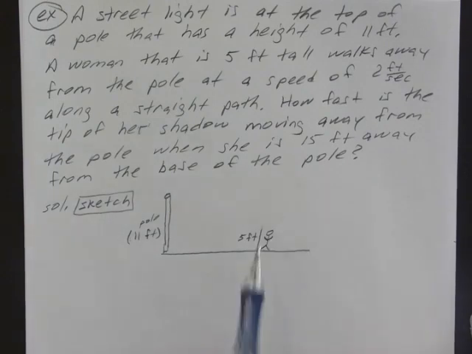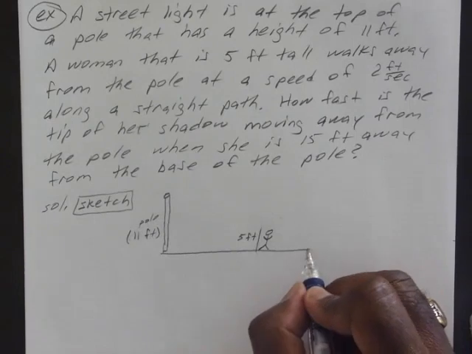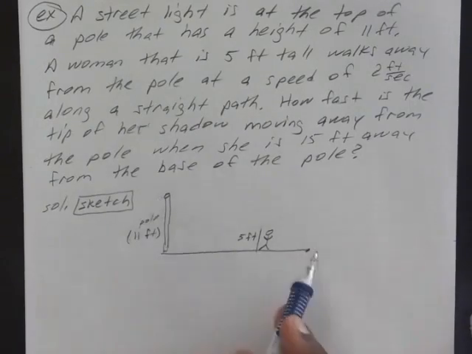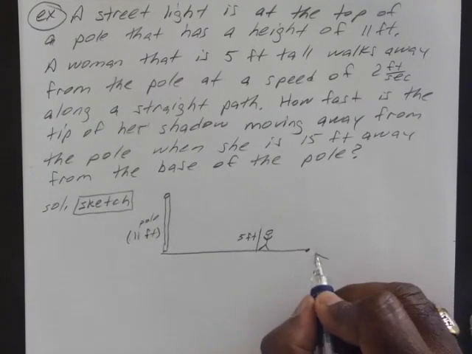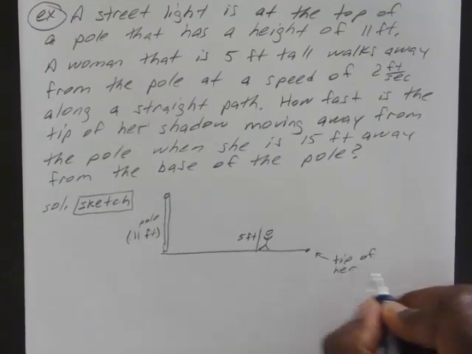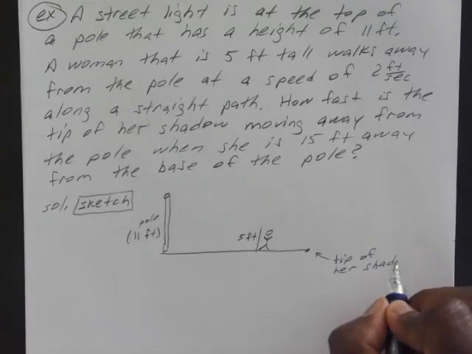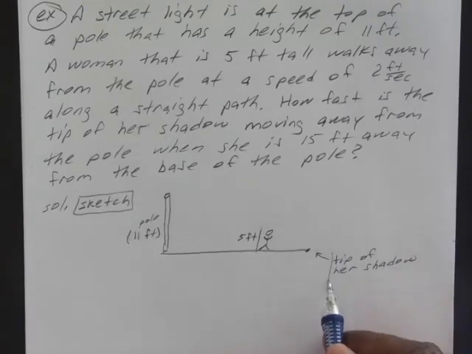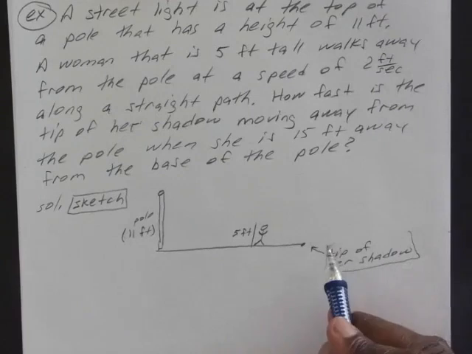So let's say the tip of her shadow is right here. Light is shining, tip of her shadow is right there.